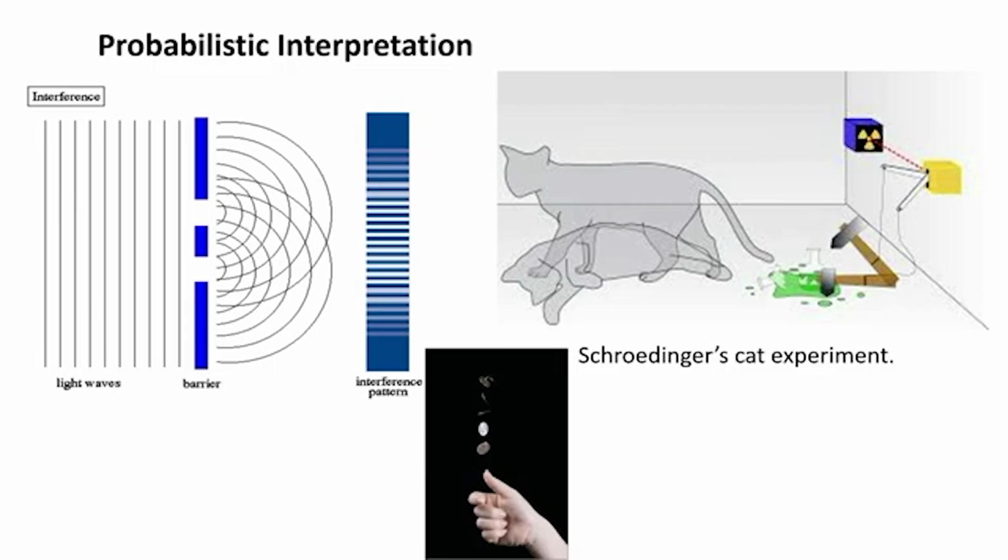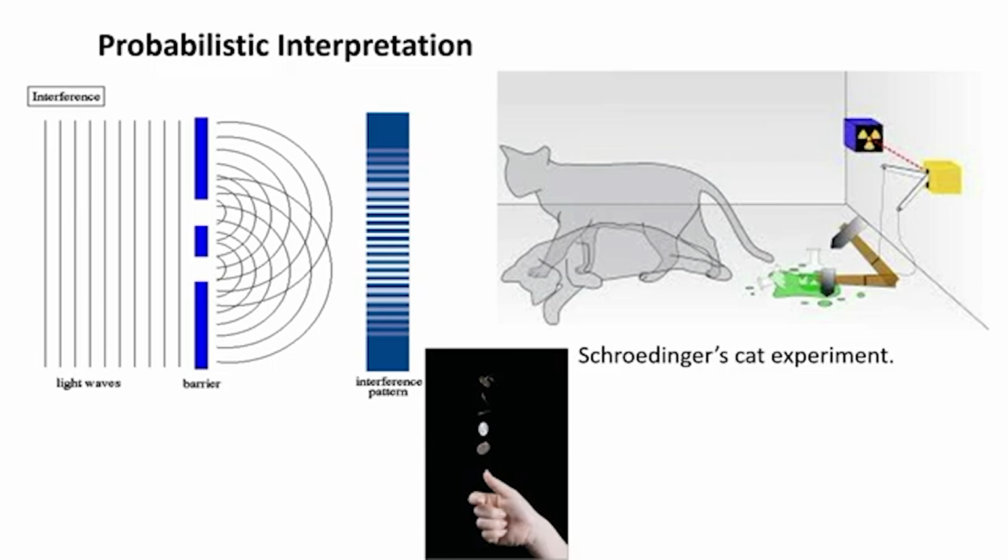So, the probabilities would exist before the measurement is made. As long as the measurement is not made, it is in a probabilistic state. For example, you see a coin being tossed, and the coin goes up in the air, and till it comes down and falls on the hand or on the ground, one does not know whether it is going to be a head or a tail.